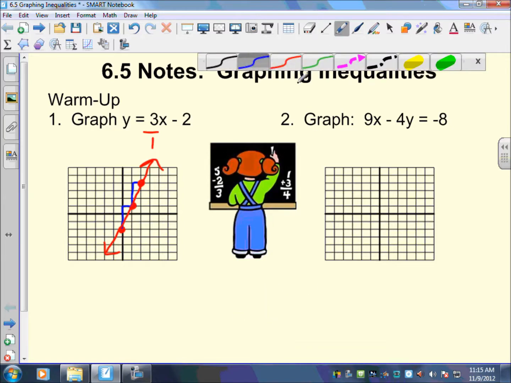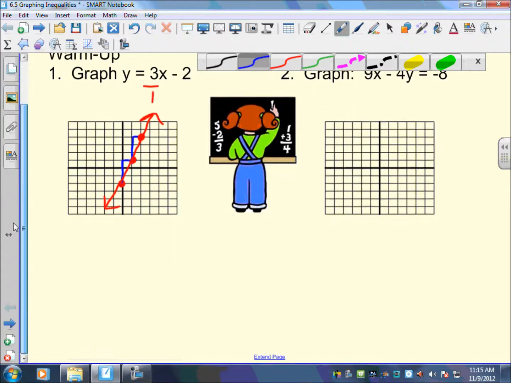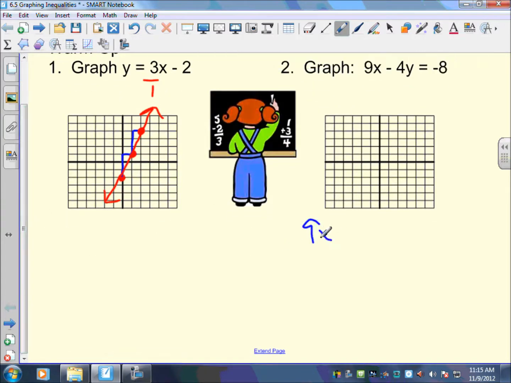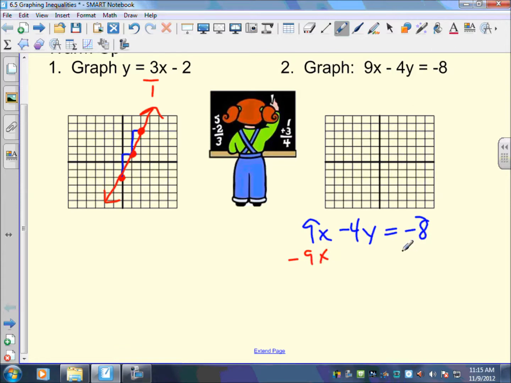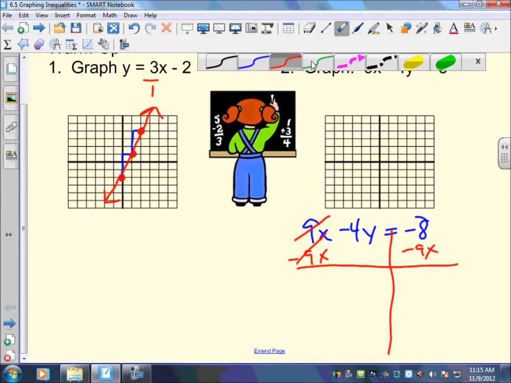I have to isolate the y. 9x minus 4y equals -8. I have to move the 9x to the other side, so I subtract 9x from both sides. Okay. 9x minus 9x is 0. That goes away on that side.